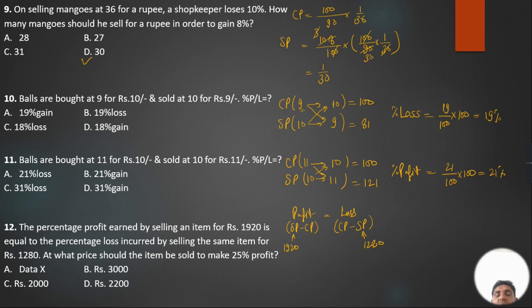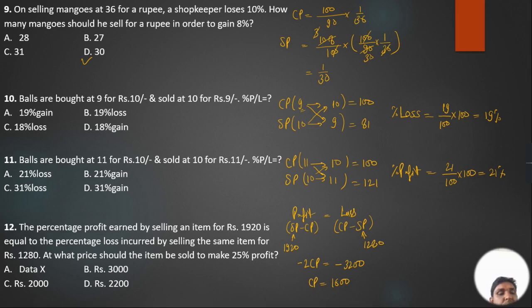So students, you can find the value of cost price here. If we solve it, this will be minus 2 CP is equal to minus 1280 minus 1920. So this will be 3200, and the value of CP will be equal to 1600. You can check, the value of CP is 1600.